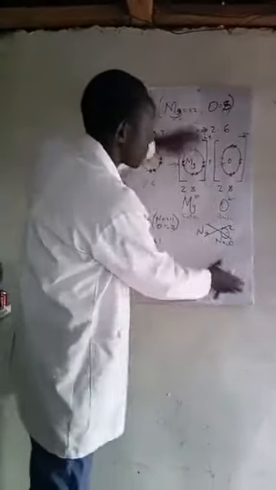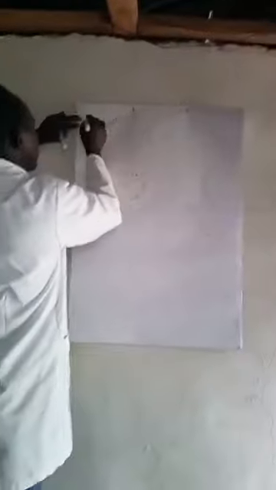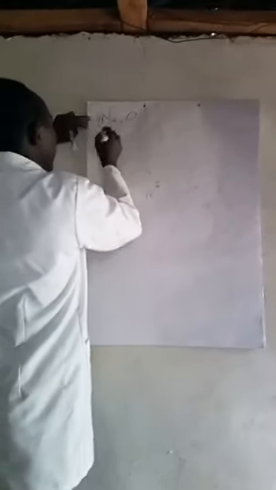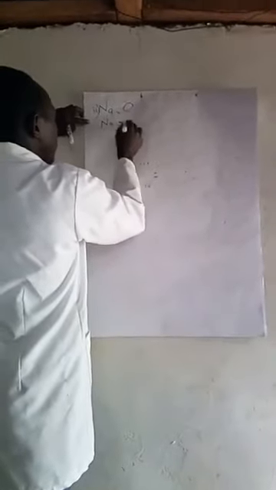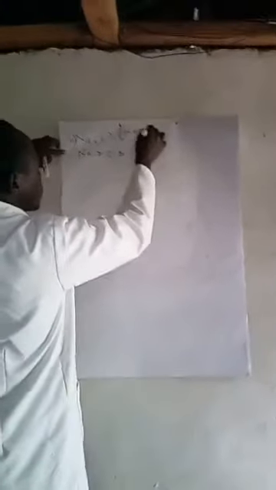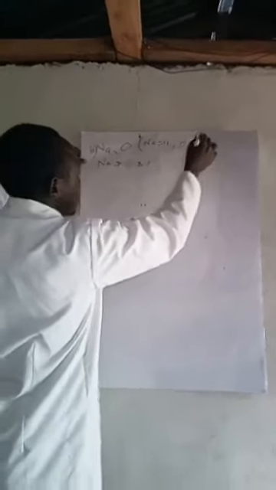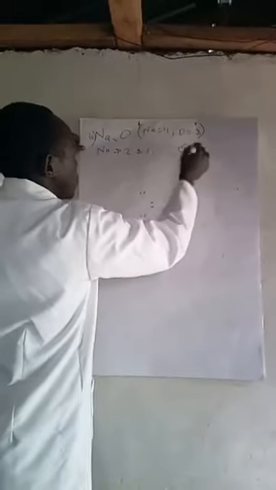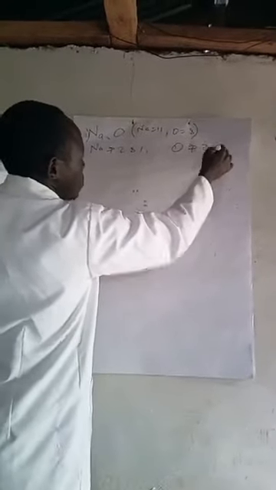So let's do the illustration here. That is sodium oxide. Sodium is 2, 8, 1, and oxygen is 8, and then oxygen is 2, 6.